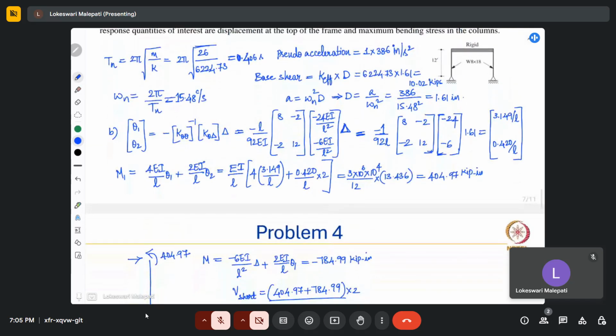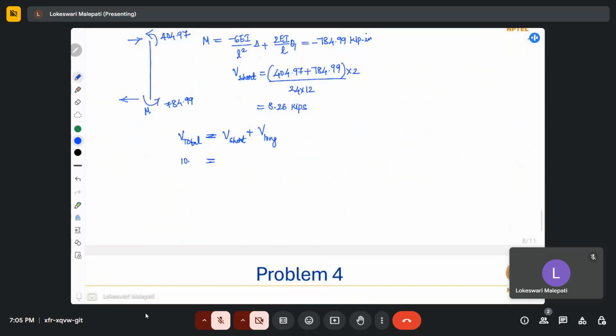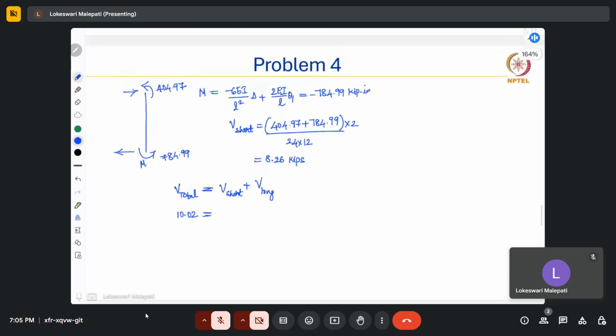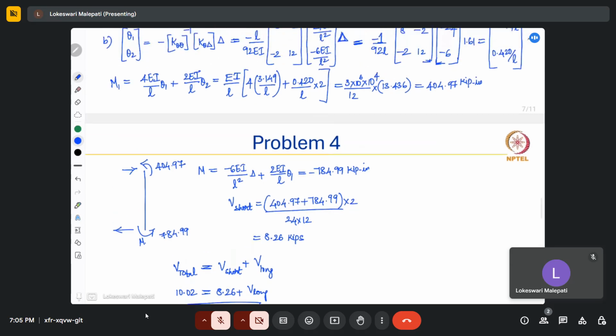We got it as 10.02 kips. 10.02 is equal to 8.26 plus V long, which means V long is equal to 1.78 kips. So this is the final answer for this question.